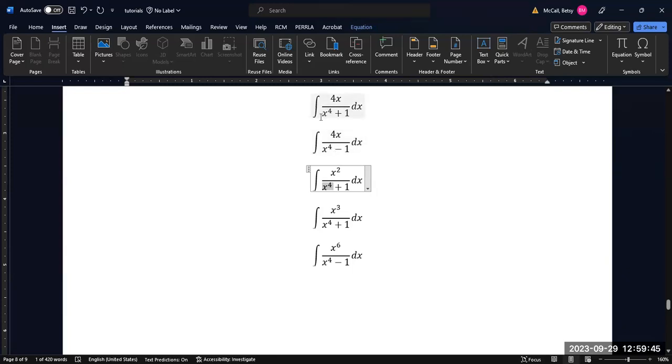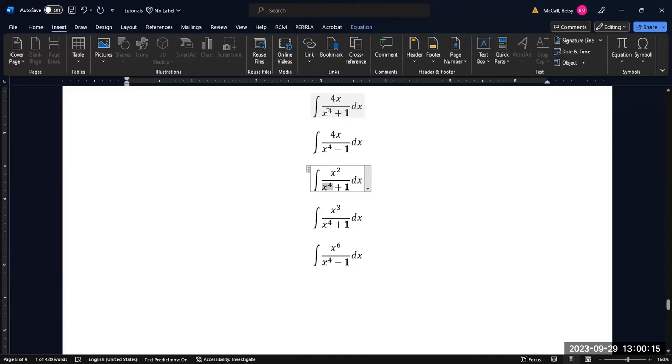On the other hand, in this case, it looks very similar. The denominator does not factor though. And so that's where you have to hope that one of your U substitutions might work. In this case, similar to this example, this denominator is the sum of squares. So if it's an inverse tangent, then my U is going to be x squared, because the function in the denominator is the function squared.